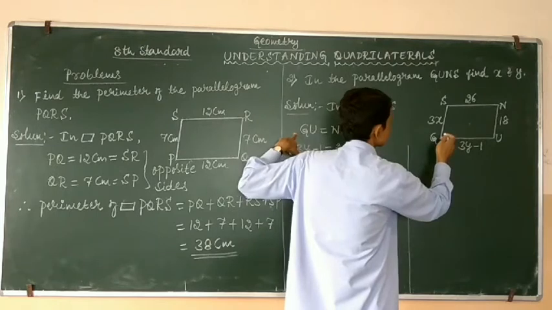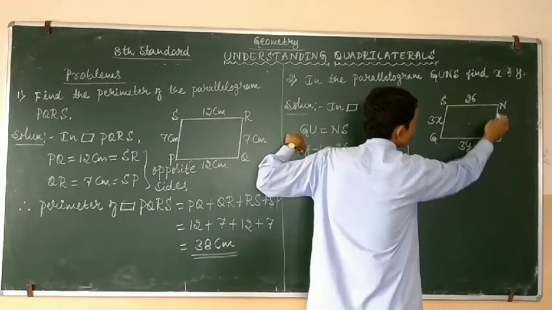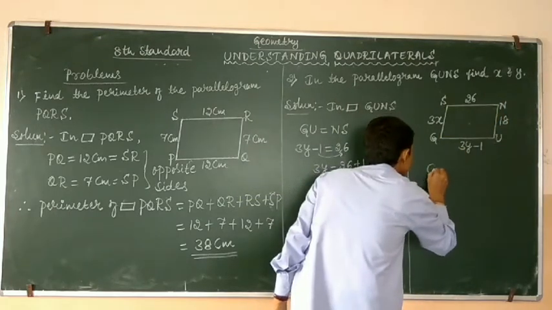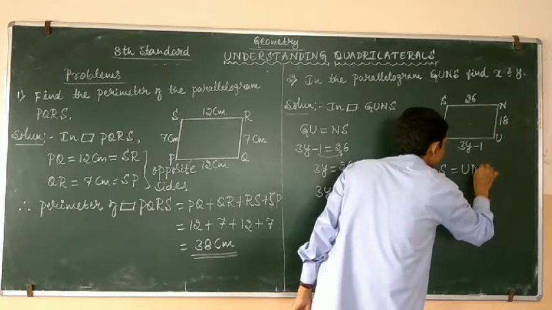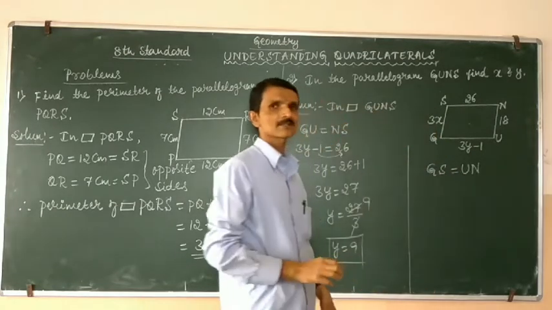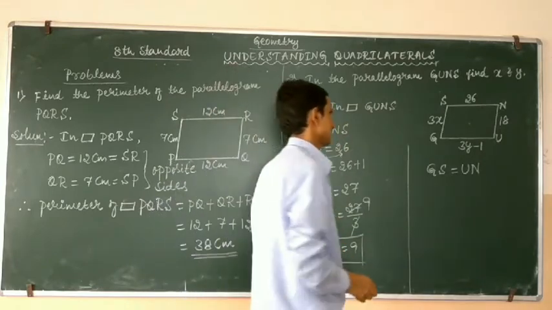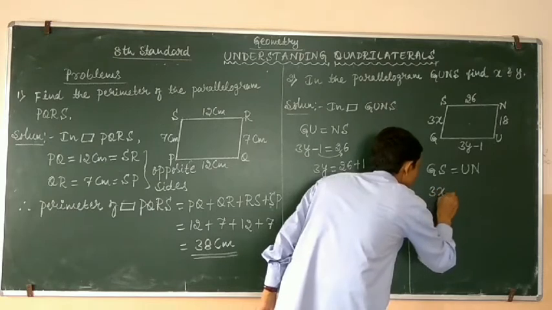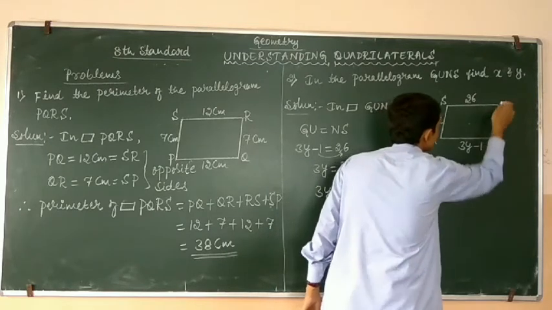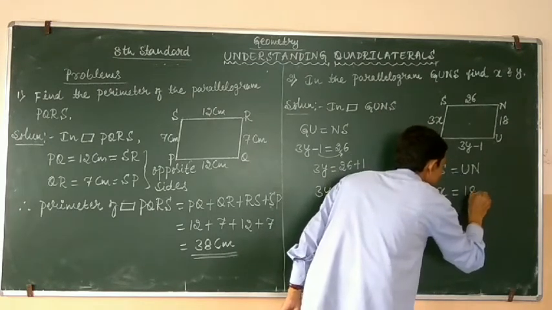Similarly, GS is equal to UN, because those two are the opposite sides. Now the value of GS is 3x, which equals UN. The value of UN is 18.